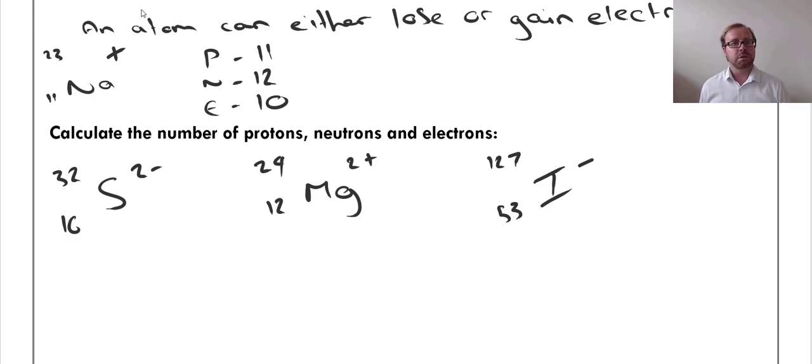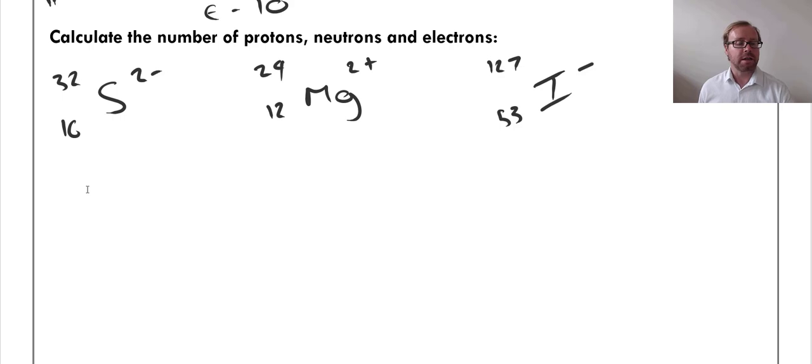Now don't worry about the charges on the ions at the minute. There'll be another video which explains how we get these charges, how we work them out. Okay, so have a go at this, and I will see you in a minute.